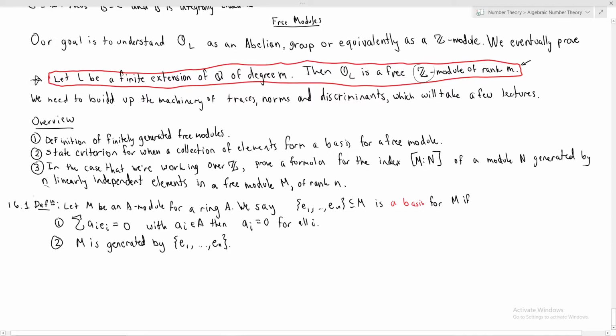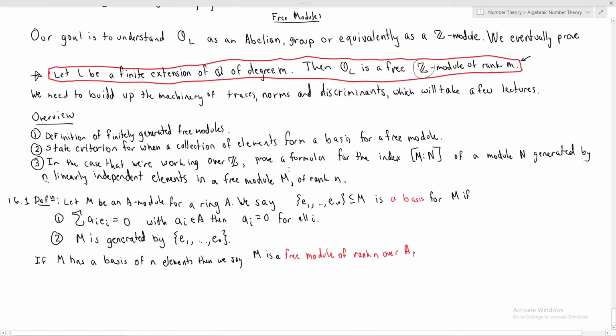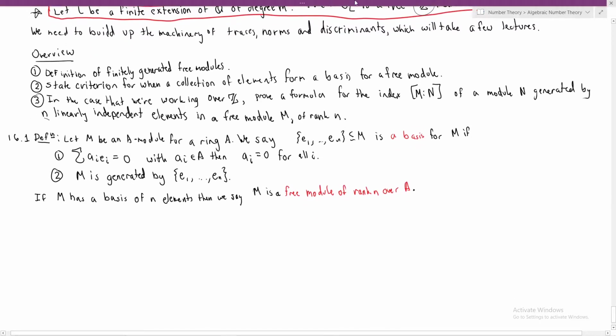So a basis is basically a linearly independent spanning set, and if M has a basis of n elements, then we say M is a free module of rank n over A. Essentially, the quintessential example of this is that every vector space is always a free module over the field.